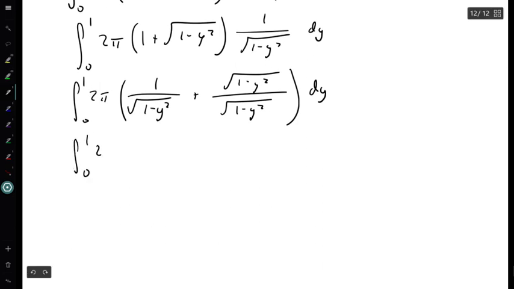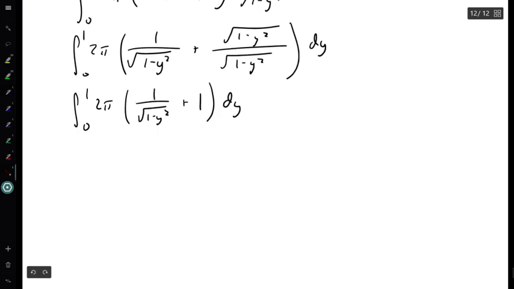The integral from 0 to 1 of 2 pi times 1 over root 1 minus y squared plus, the root 1 minus y squareds cancel out, so that's just plus 1. Lo and behold, we have simplified this to something we can integrate. The integral of 1 is y, and the integral of 1 over root 1 minus y squared is arcsine. So this is equal to 2 pi times arcsine of y plus y, evaluated from 0 to 1.